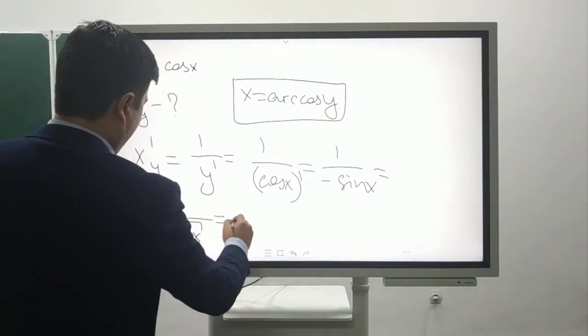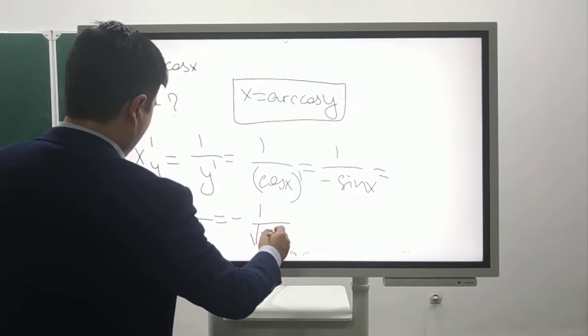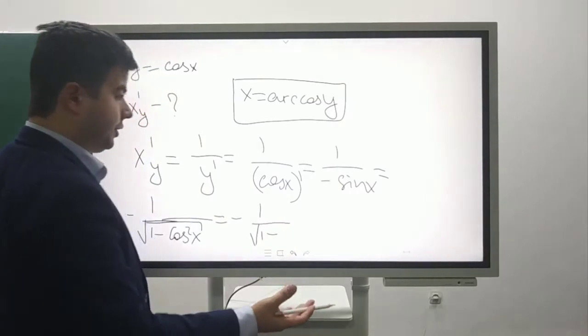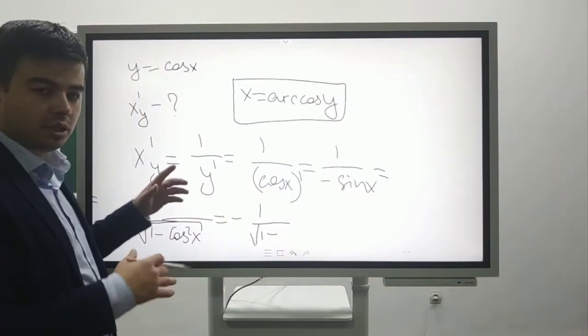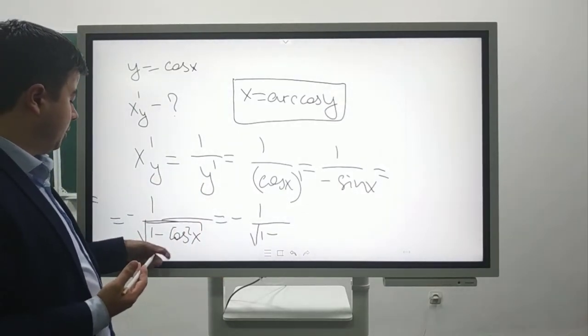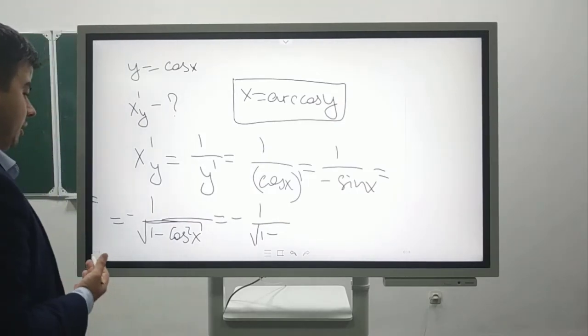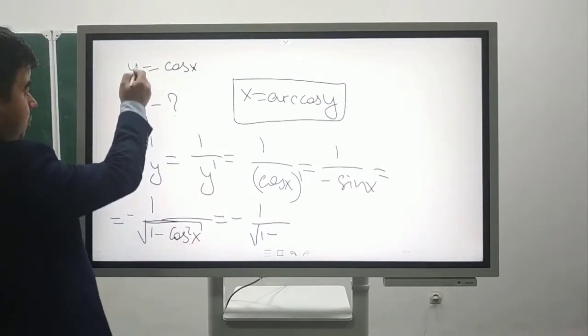So it is minus 1 over the square root of 1 minus y squared. We need to find this function depending on y, not depending on x. That's why we need to use this one. Now we can replace cosine x with y.